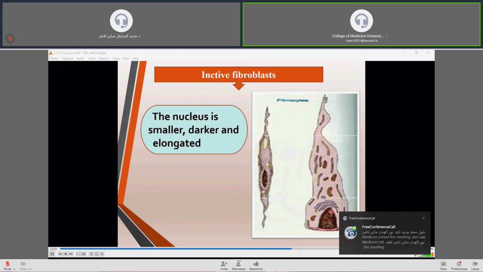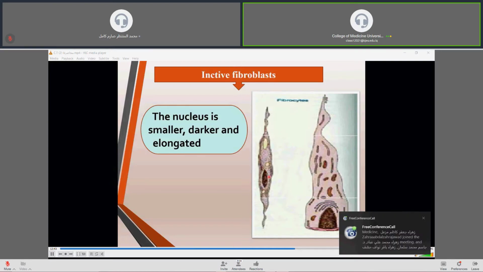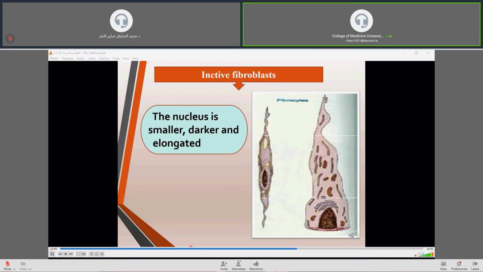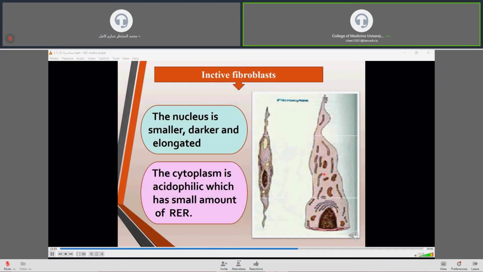The nucleus is smaller, darker and more elongated, darker because this cell is not active in protein synthesis compared with active fibroblasts. The cytoplasm is acidophilic, with a small amount of rough endoplasmic reticulum.